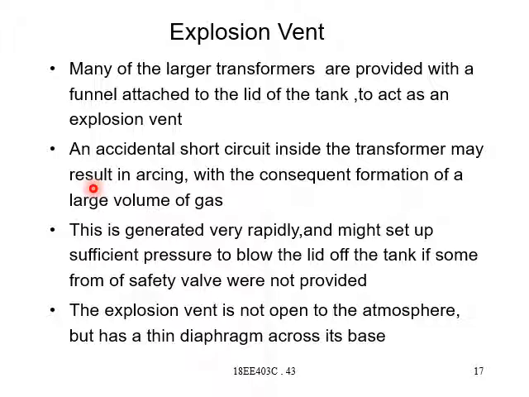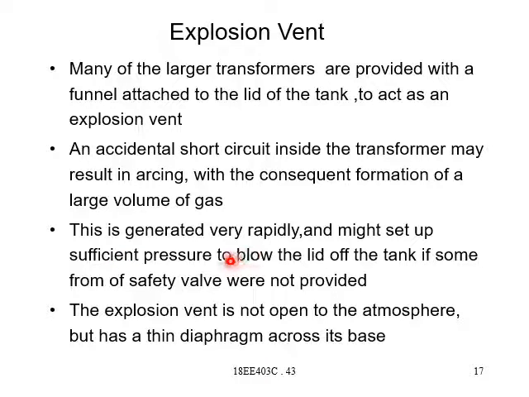Many of the large transformers are provided with a funnel attached to the lid of the tank to act as an explosion vent. An accidental short circuit inside the transformer may result in arcing with the consequent formation of a large volume of gas.